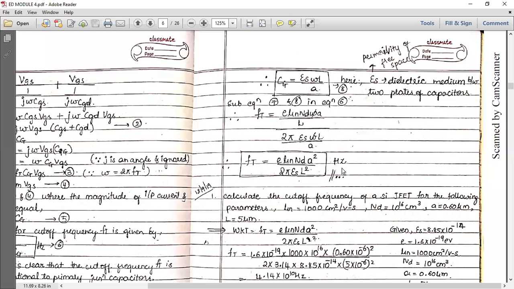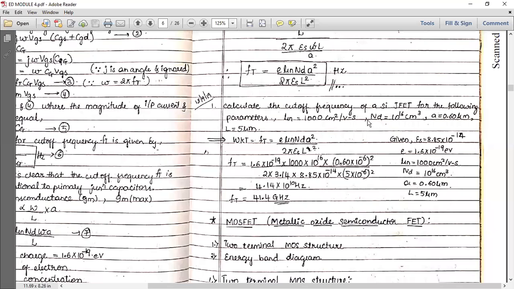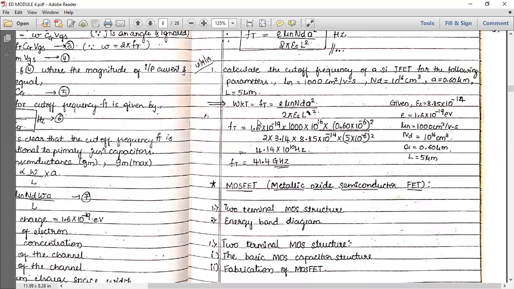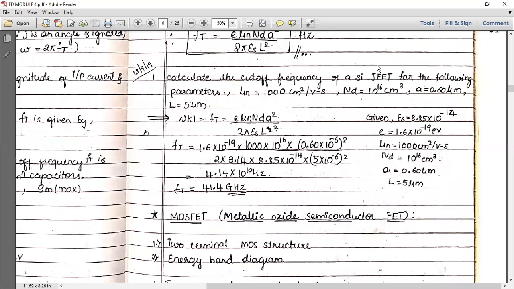In today's session, first we will start with one problem, to understand how the cutoff frequency of JFET can be controlled by selecting proper values of JFET parameters. Look at this problem. We need to calculate the cutoff frequency of a silicon JFET for the following parameters. mu n is given as 1000 cm square per volt second.